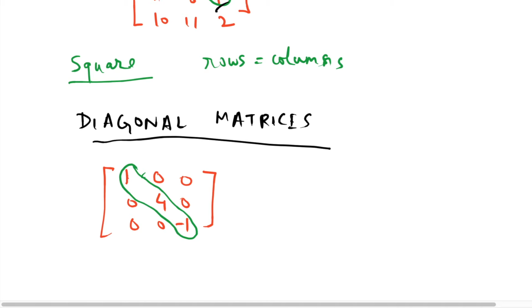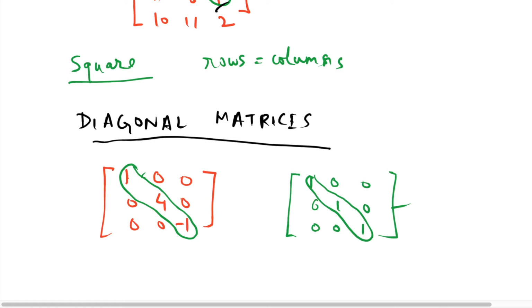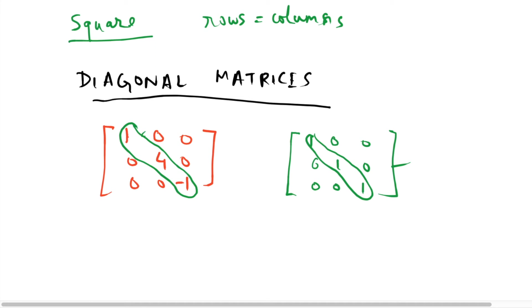You might remember that any identity matrix that we have considered is actually a diagonal matrix. Let's consider a 3 by 3 identity matrix. The principal diagonal is 1, 1, 1, and all the elements above and below the principal diagonal of the identity matrix are 0. Hence this is a diagonal matrix.